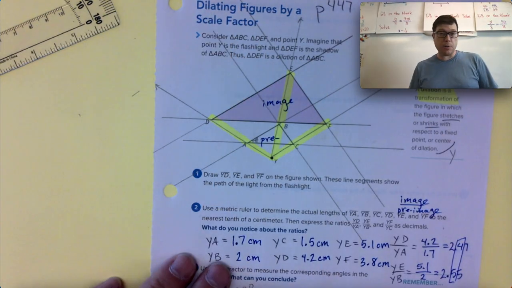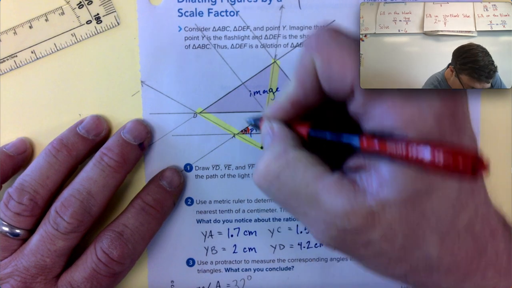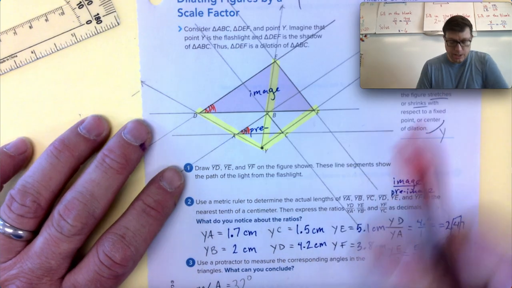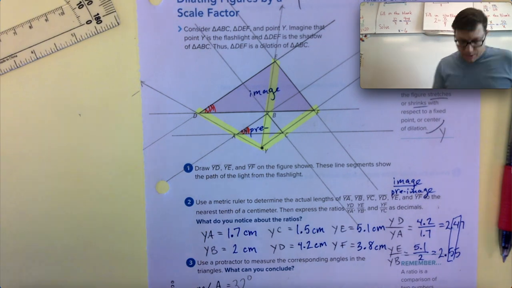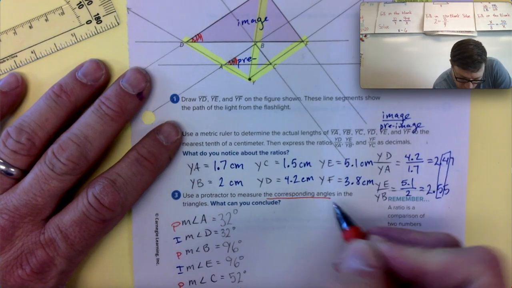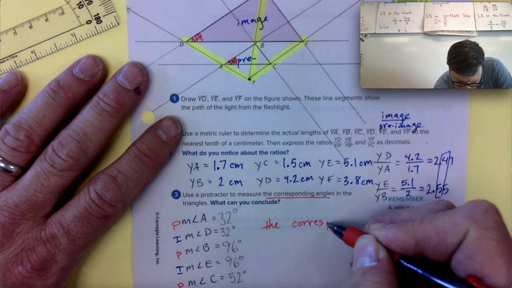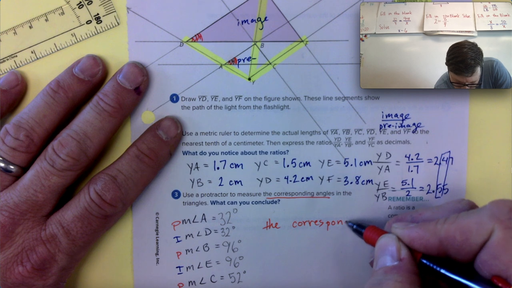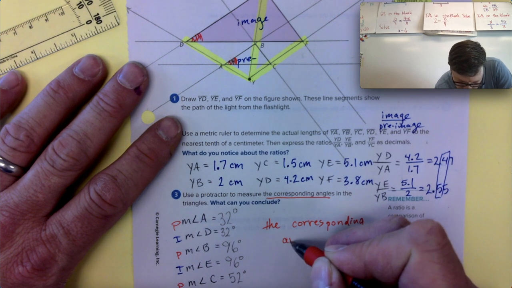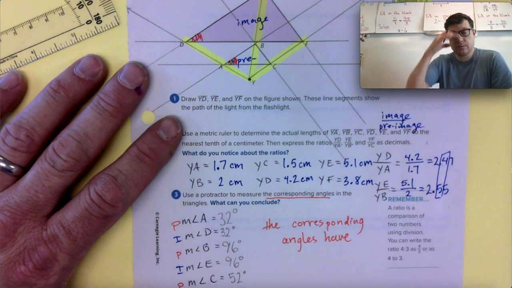So corresponding angles are created specifically like this angle A and this angle D. They are corresponding angles. They go in the same direction. So the corresponding angles have the same measure. Therefore, they are congruent.